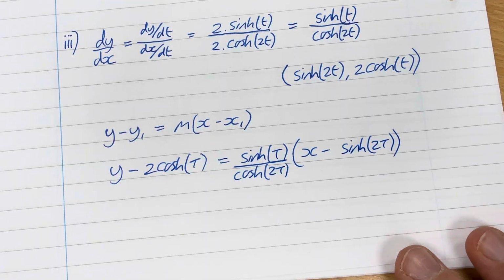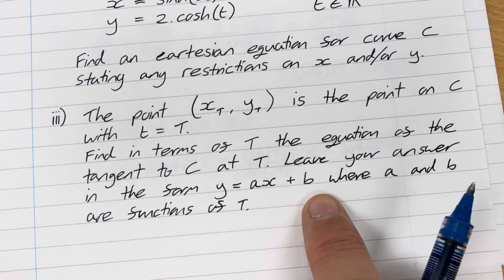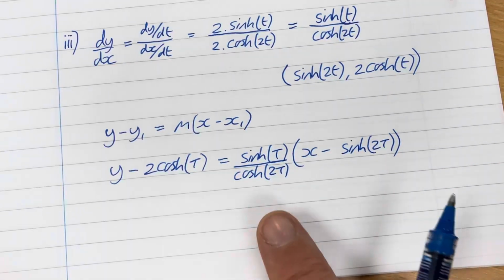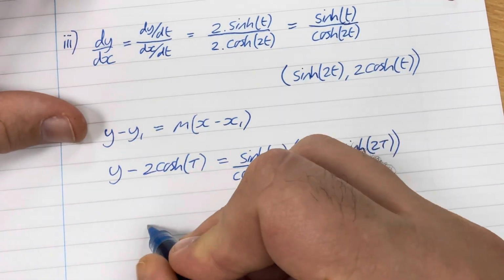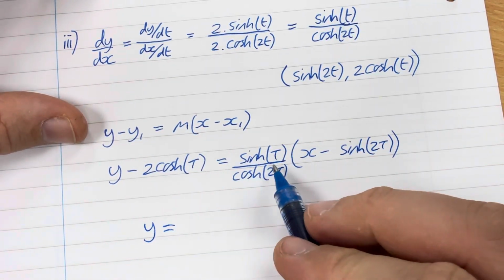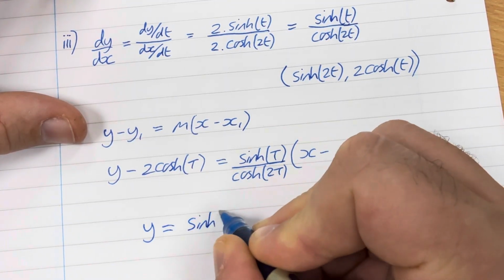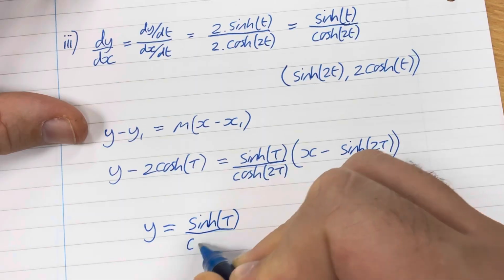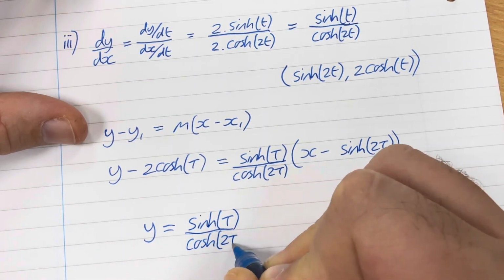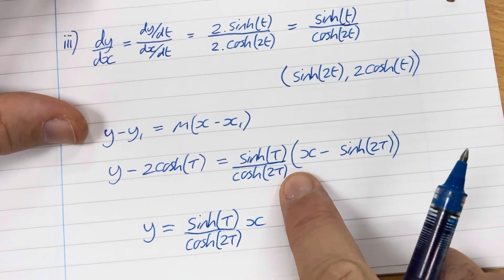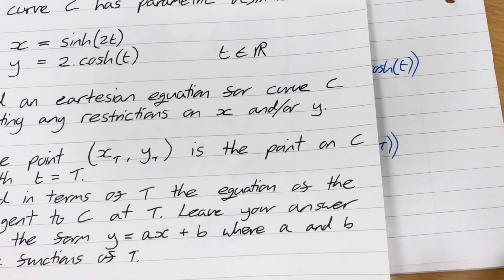All right, it's not quite in the form that the question asked, because it wants it in the form ax plus b, where a and b are functions of t. So I'm just going to make this look a bit neater and conclude that y is going to be sinh T on cosh 2T times x. So that's going to be a, the gradient.